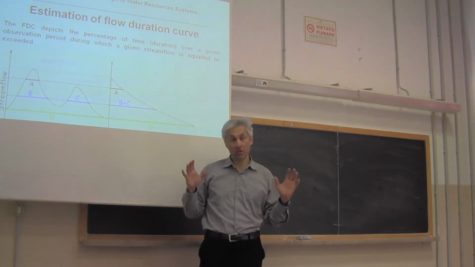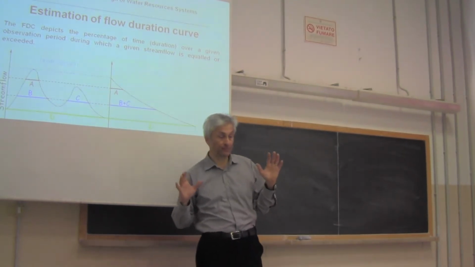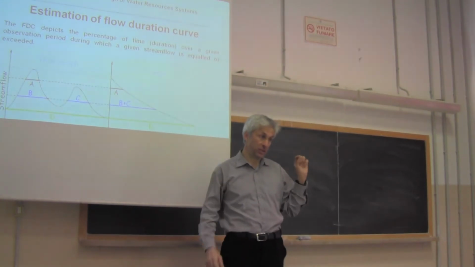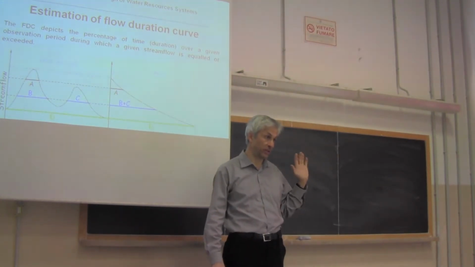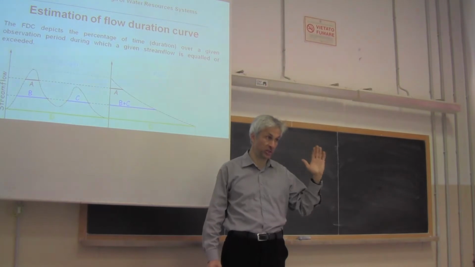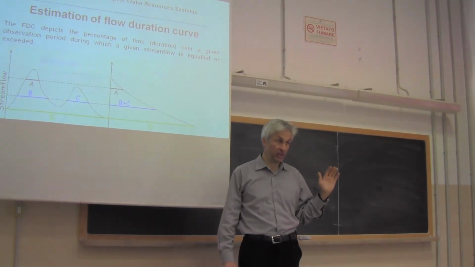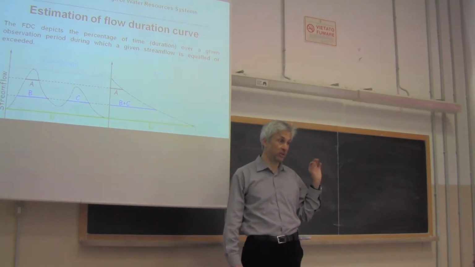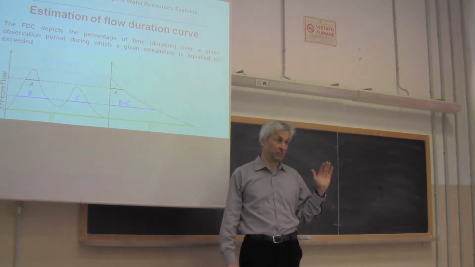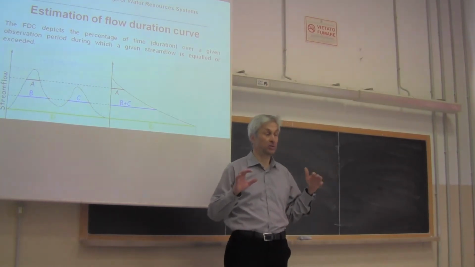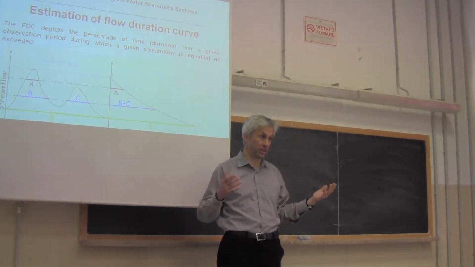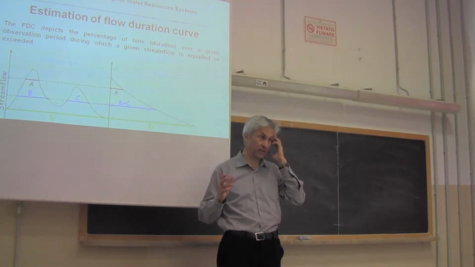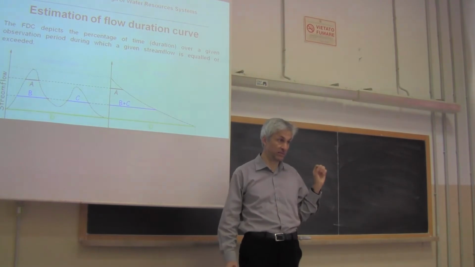And the definition is that the flow duration curve, for a given river cross section, reports for each river flow the percentage of time or the duration in absolute terms, with respect to a reference period, that the given flow is equaled or exceeded.